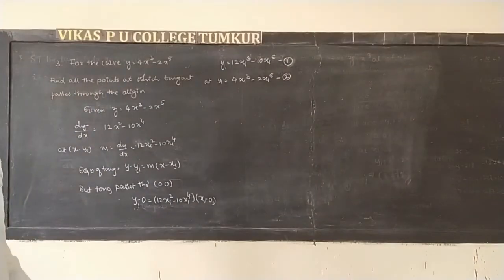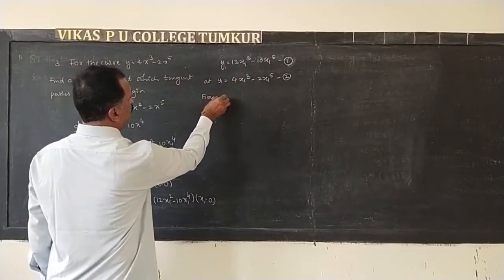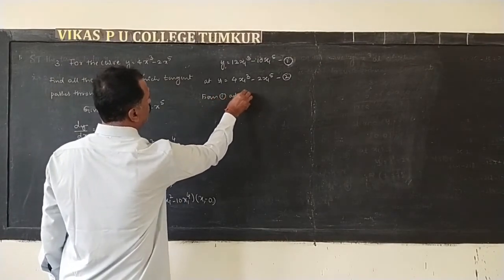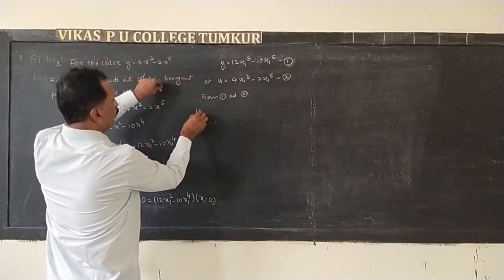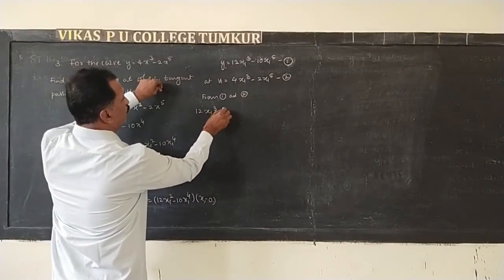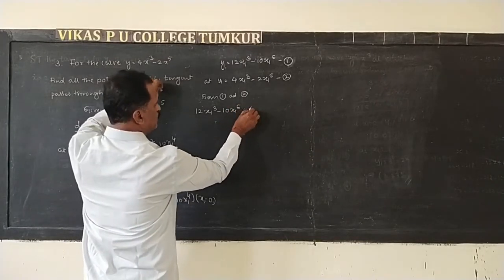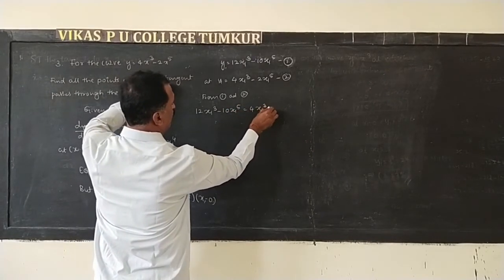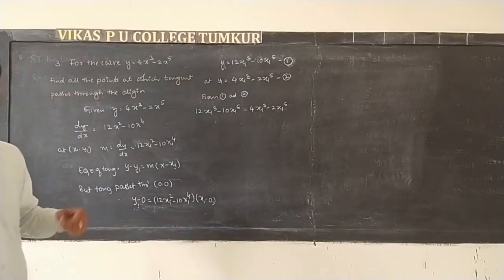Can you compare those two now? Therefore, from equations 1 and 2, I can easily compare those two. 12x1 cube minus 10x1 to the power of 5 equals 4x1 cube minus 2x1 to the power of 5. Write that on the left side and simplify.